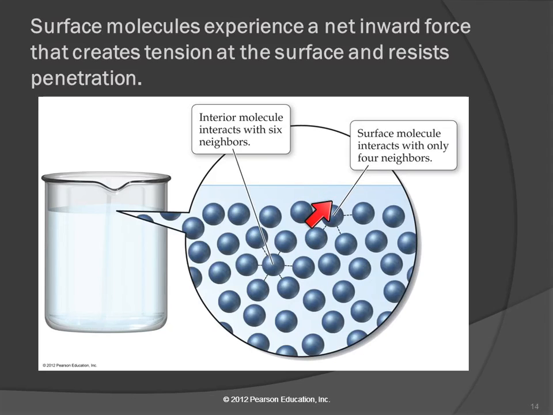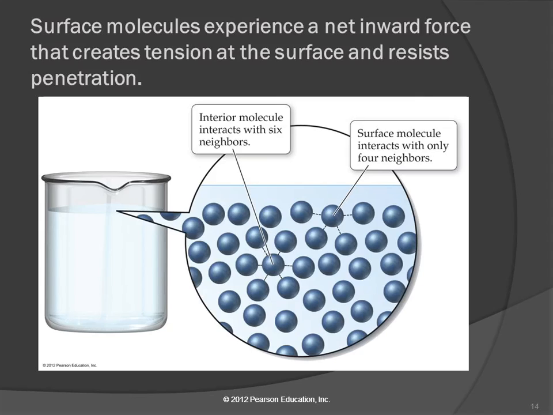And then here on the edge, the molecules at the surface are not being pulled on this side because they're on the edge of the water or the liquid. They're interacting with other surface molecules and with ones in the interior. And so they experience a net downward force, and that is the surface tension of the water. And it resists penetration.